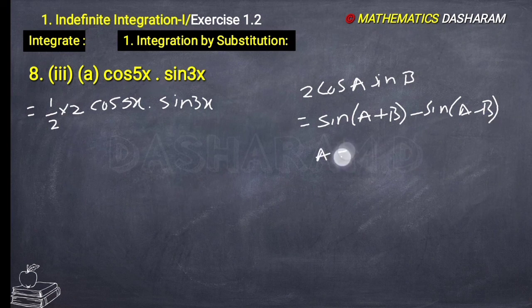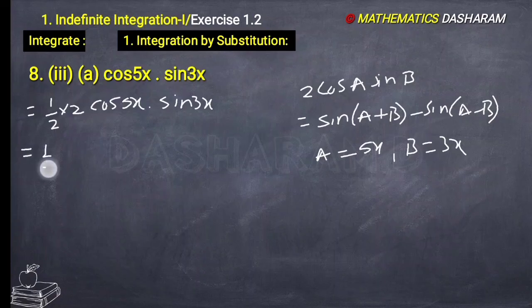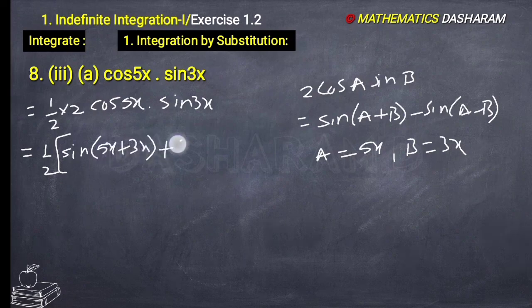So here A value is how much? 5x is the A value, B value 3x. So then 1 by 2 bracket of sin 5x plus 3x minus sin 5x minus 3x.